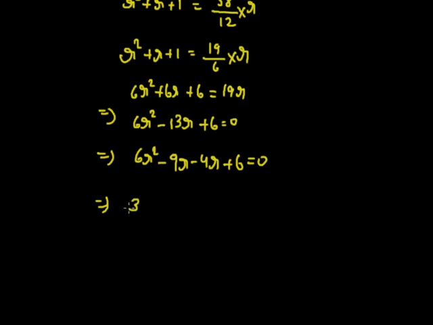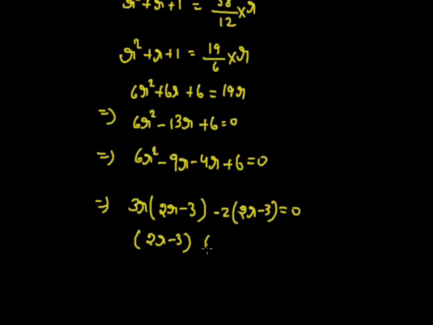Then 3r common, 2r minus 3, minus 2, 2r minus 3 equals 0. So 2r minus 3 and 3r minus 2 equal 0, then r equals 3 by 2 and r equals 2 by 3.